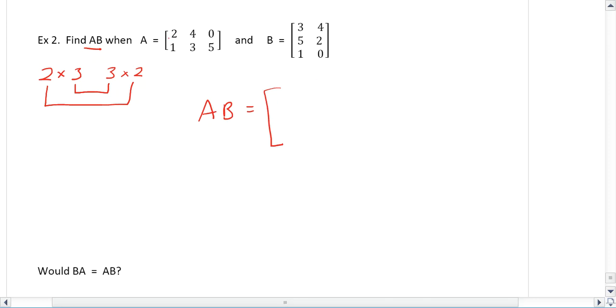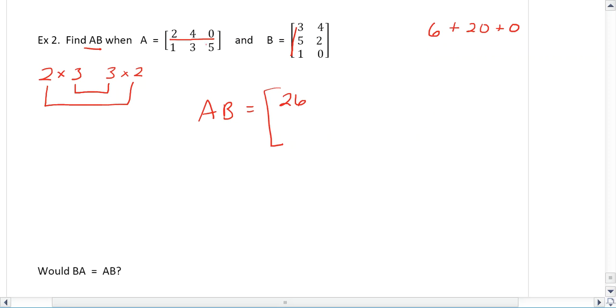So we're going to multiply this first row times this first column to get our first entry here. This is kind of my thought bubble over here. 2 times 3 is 6, 4 times 5 is 20, and 0 times 1 is 0. So my first entry is 26.